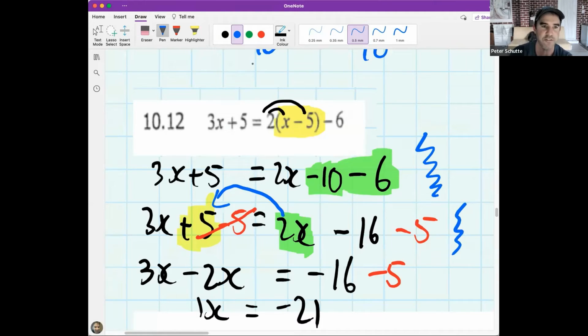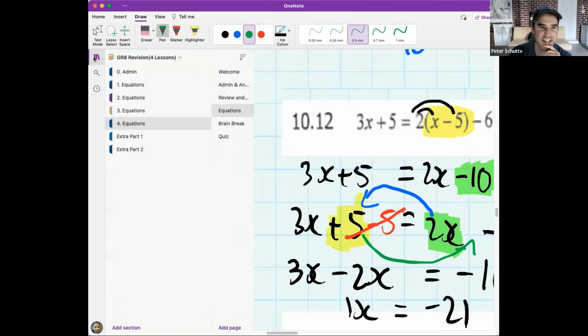And then you move the 5 across. And really what you were doing is taking away 5 from both sides. So does that make a bit more sense than before? Yes, sir. Thank you. Pleasure, pleasure. You did well, Tandy. Well done.